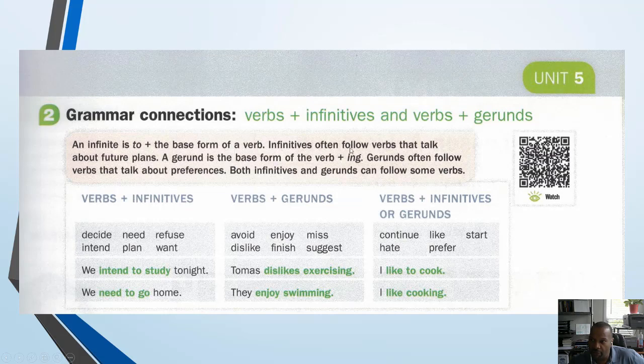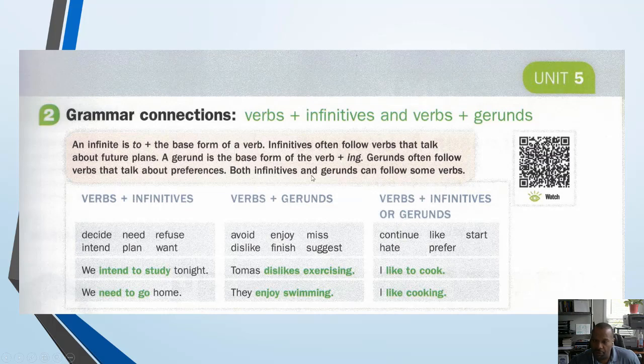Infinitives often follow verbs that talk about future plans. A gerund is the base form of the verb plus ing. Gerunds often follow verbs that talk about preferences. Both infinitives and gerunds can follow some verbs.